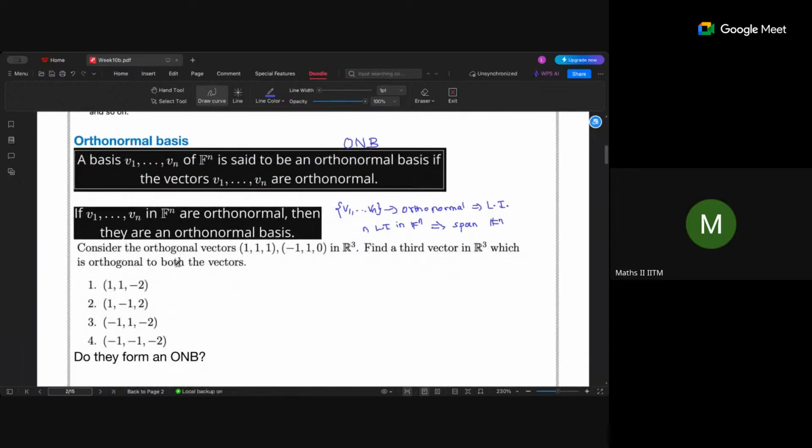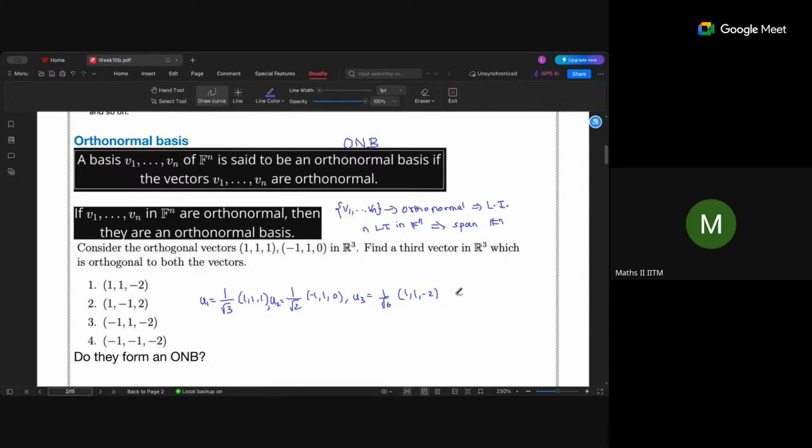Okay, so we already saw this example. In this case, what were the orthonormal vectors? u1 is equal to 1 by root 3 times (1, 1, 1), u2 is equal to 1 by root 2 times (-1, 1, 0), and u3 is equal to 1 by root 6 times (1, 1, -2).